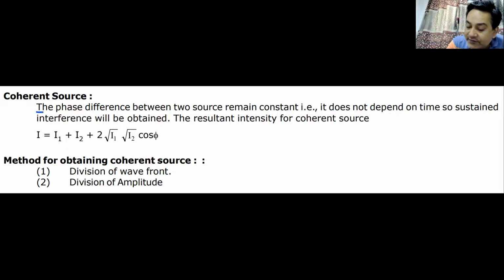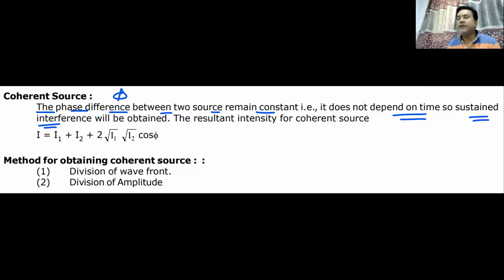Do you remember the phase difference was phi between the two waves y1 and y2? If the phase difference between the two sources remains constant, that means it does not depend on time, so we can have a very good and sustained interference. If the phase difference changes, there is no sustained interference.